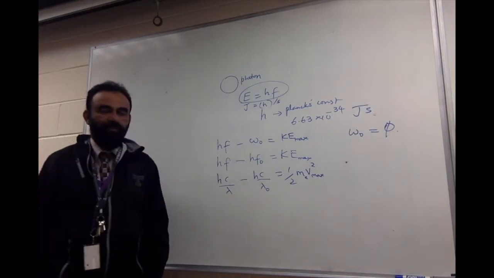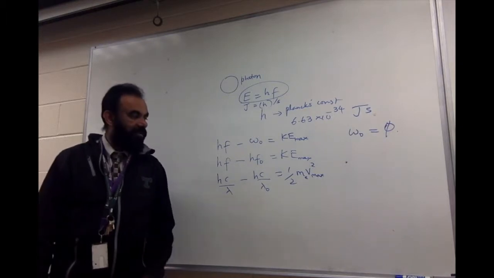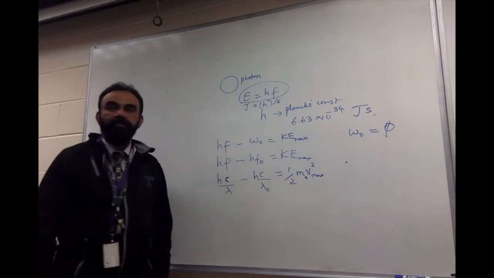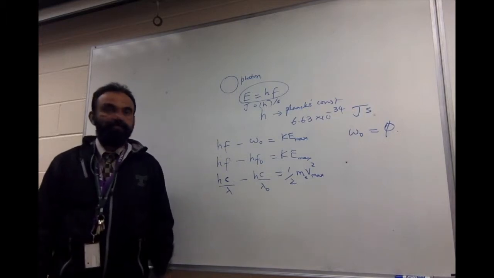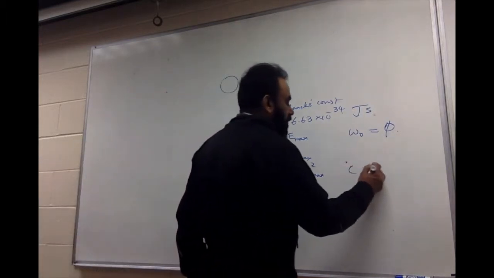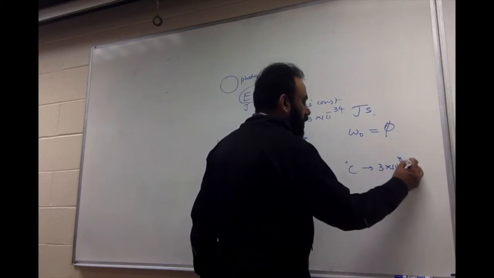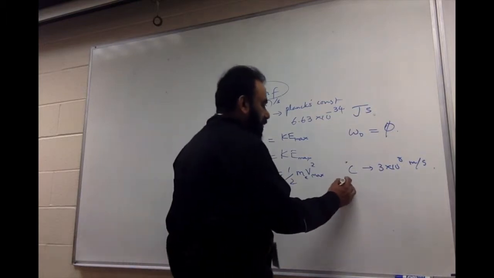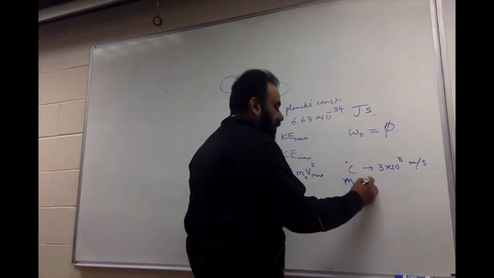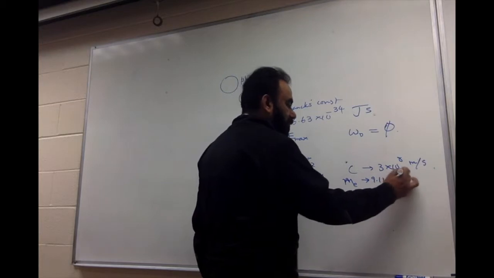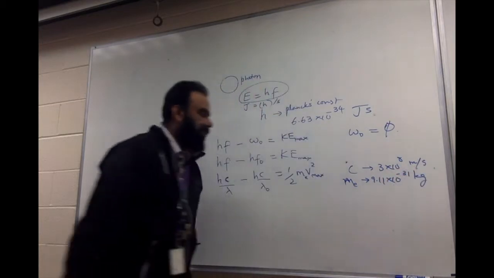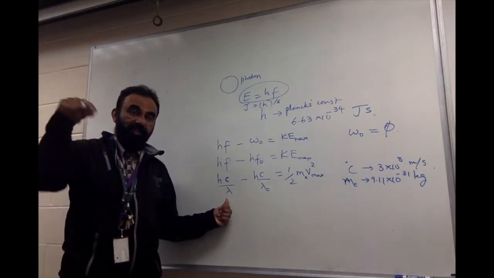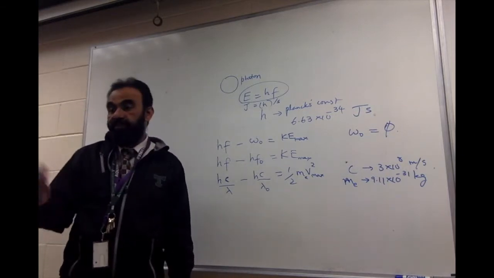So get those connections. c is the speed of light, 3 times 10 to the 8 meters per second. The mass of the electron is 9.11 times 10 to the power minus 31 kilograms. And lambda is the wavelength of the incident radiation, and lambda naught is the threshold wavelength.